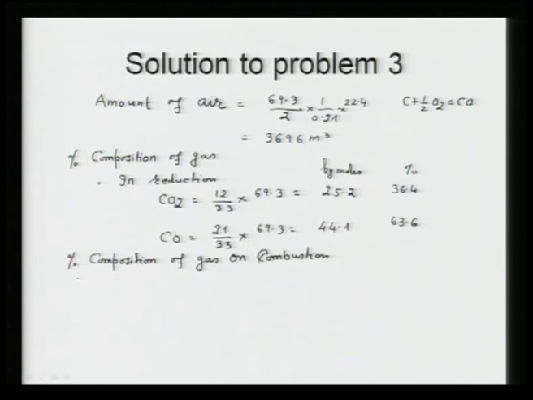The fundamental equation is this: C plus half O2 plus 3.76 N2 is equal to CO plus 1.88 N2. So, you can substitute the moles of carbon and accordingly you can write down. So, the total CO and nitrogen that will be present in the gas: CO will be 69.3 and nitrogen will be 130.3, they are in kg moles.